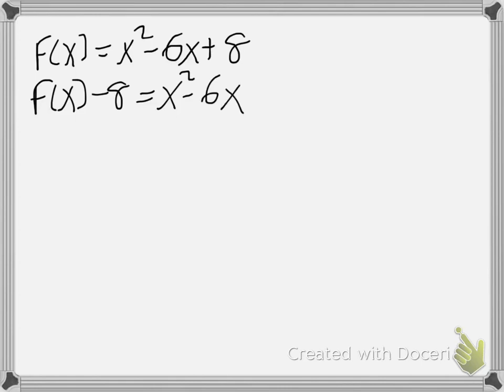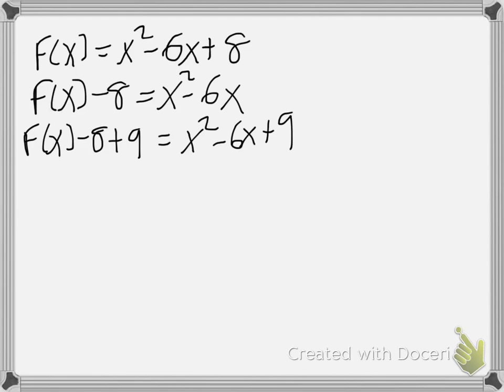Now I can make a perfect square trinomial on the right hand side. So what am I going to add? Well, what's half of this? It's negative 3. Negative 3 squared is 9. So I'm going to add 9 to both sides. So I have f of x minus 8 plus 9 equals x squared minus 6x plus 9.